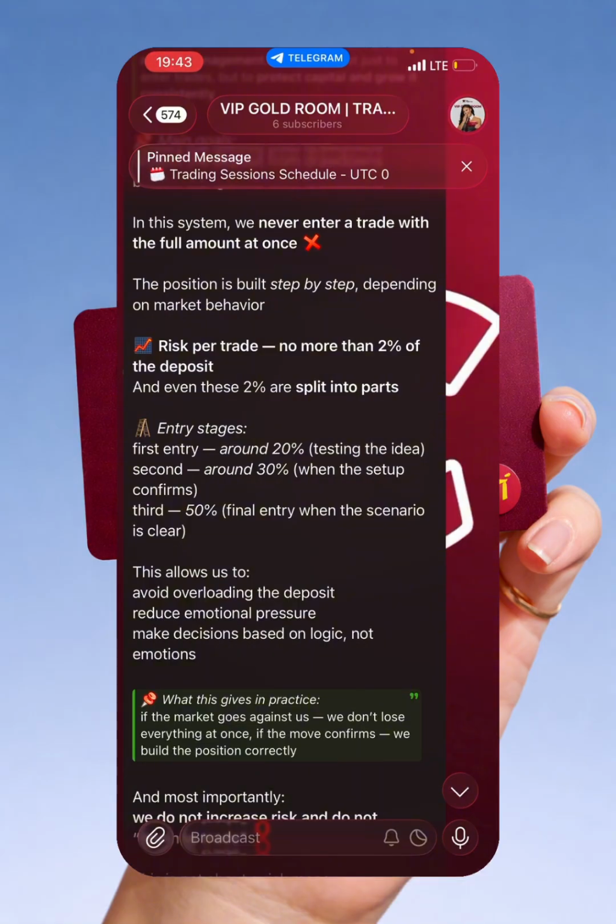I split the 2% of my bankroll into 3 places. The first one is 20% of the 2% of my bankroll. The second one is 30%. The third one is 50%. And that's all. So you want to split your money into 3 positions.